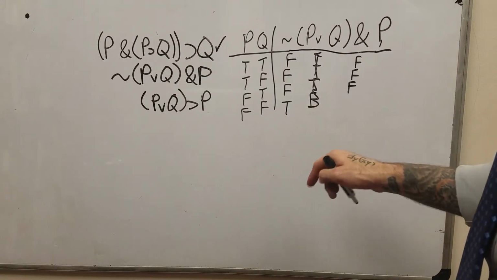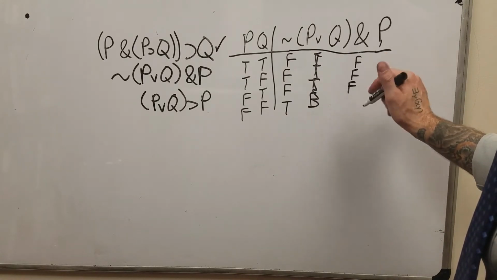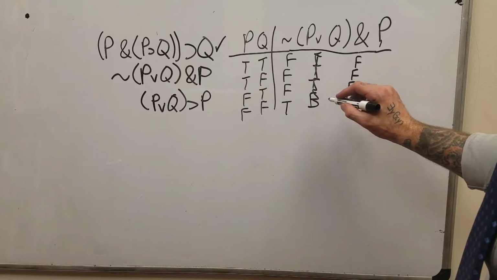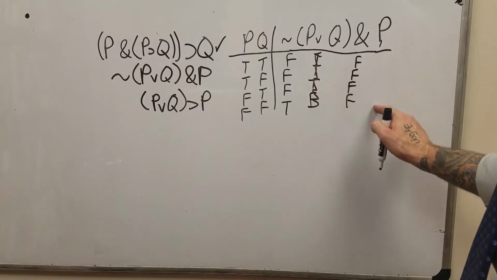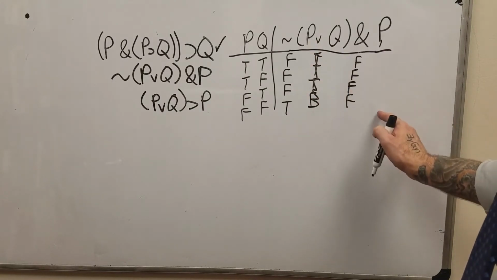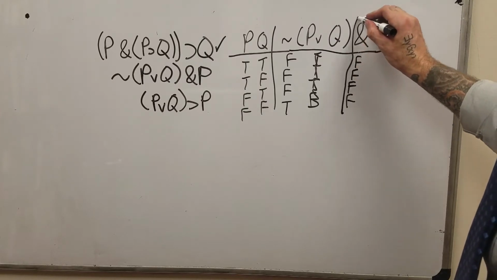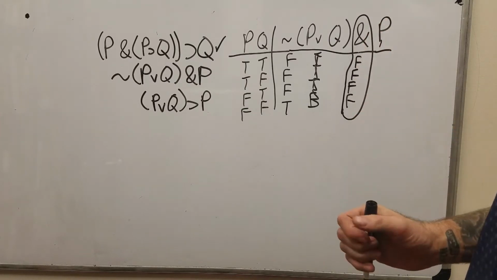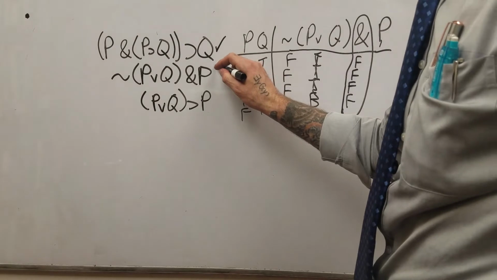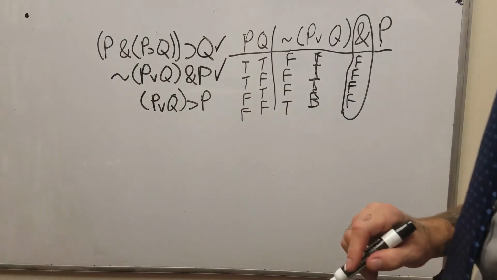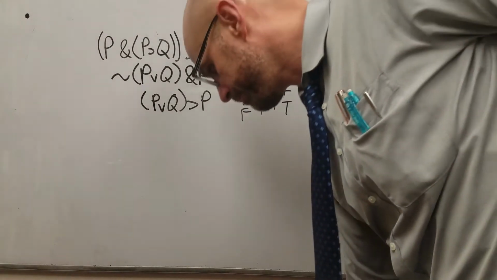What about this fourth one? P is false here, so it's false there as well. Even though it's true on this side, this conjunct is false. So that was a truth functional falsehood. It's truth functionally false.